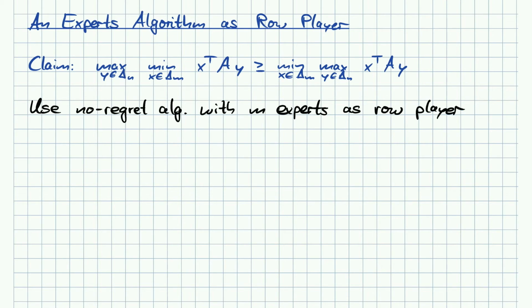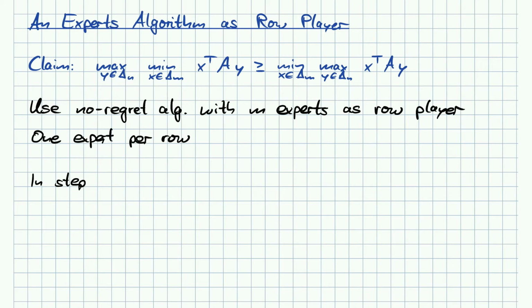So we'll have one expert per row, and what this means is that this algorithm is nothing but defining such a feasible x. And how do we now define what is happening here?